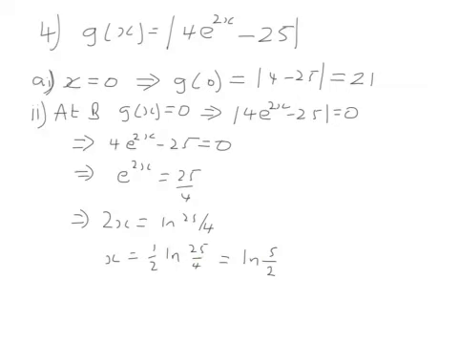Now in part C we have to use the iteration x n plus 1 is a half ln of a half x n plus 17. So x naught is 1.4. If I put 1.4 into here, a half ln of half of 1.4 plus 17, I get 1.4368.